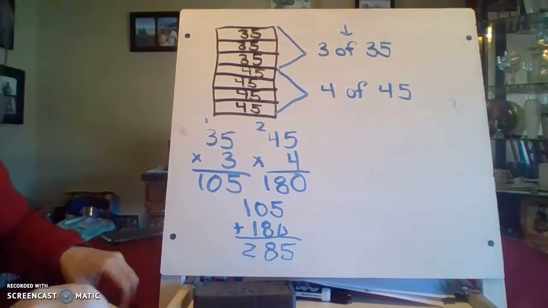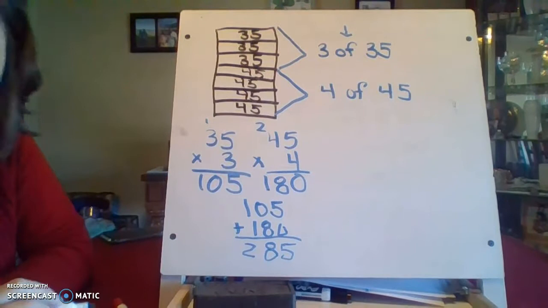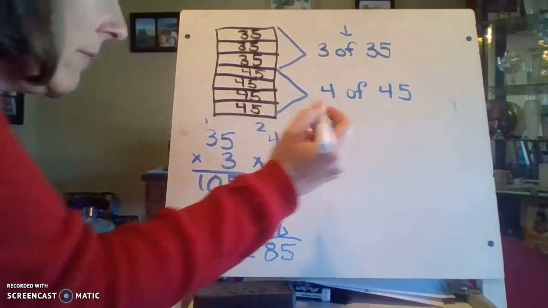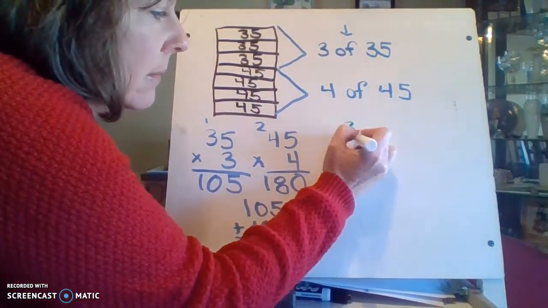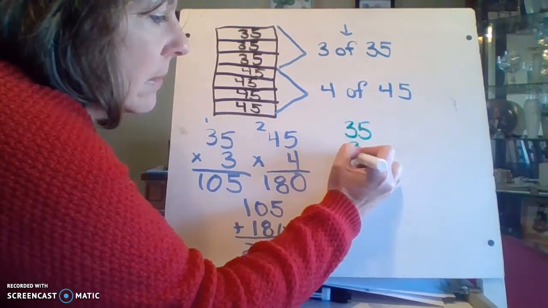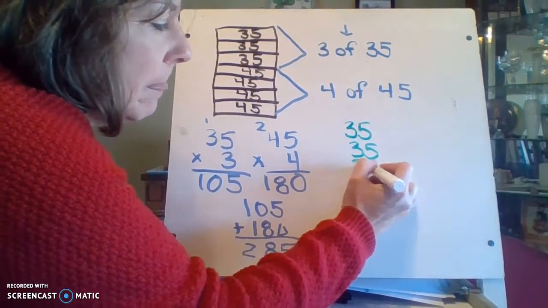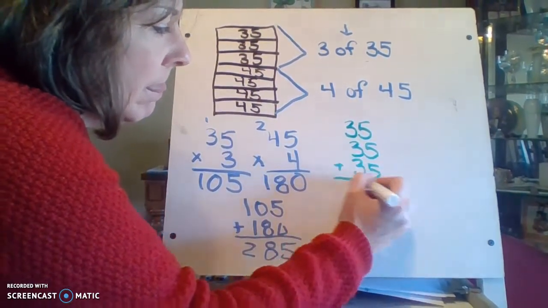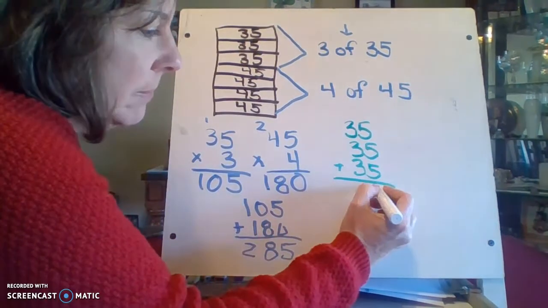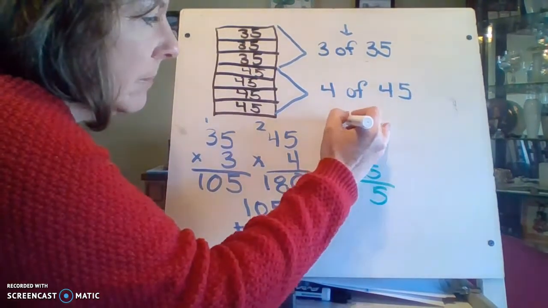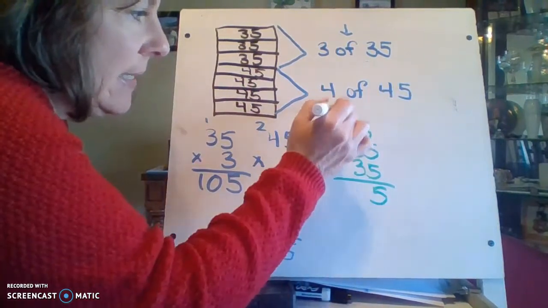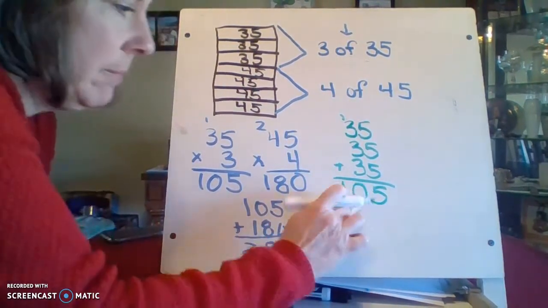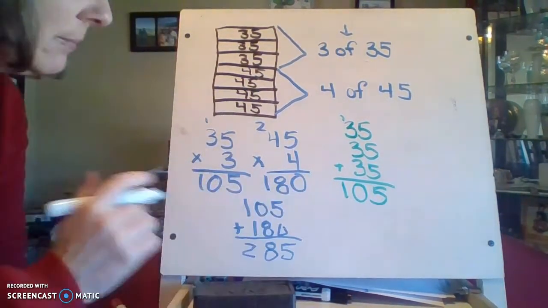Now, maybe somebody else out there was looking at this and said, oh, I'm just going to add all of those numbers. So maybe another friend decided to take those 35s and add them. 5, 10, 15, 3, 6, 9, 10. Oh, I still get that 105.